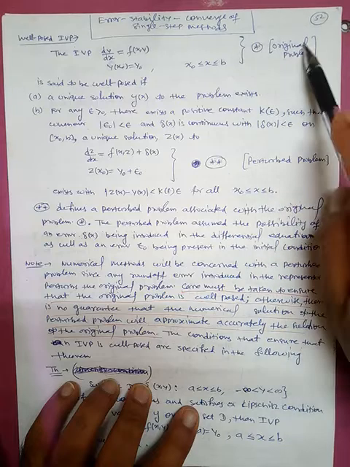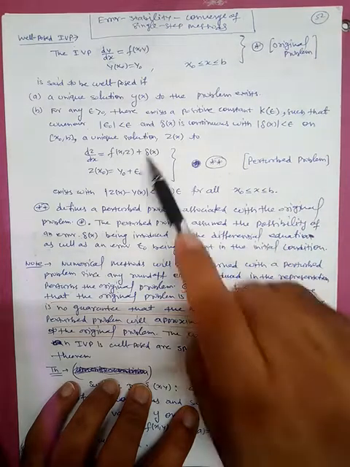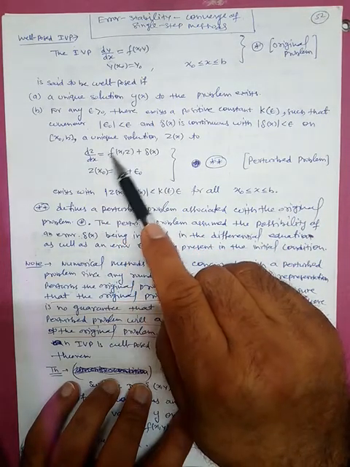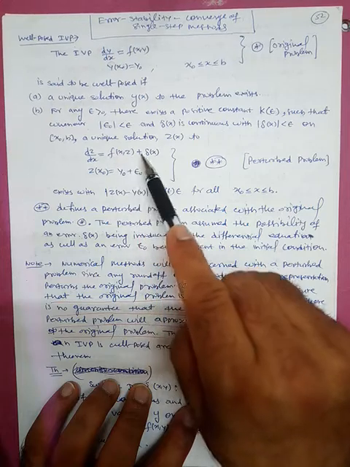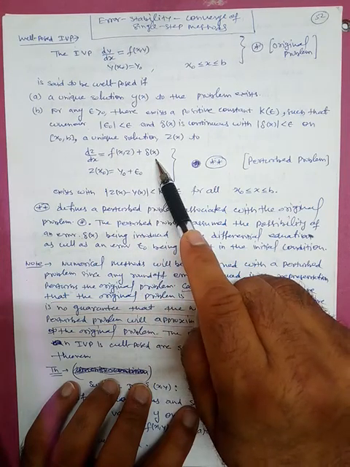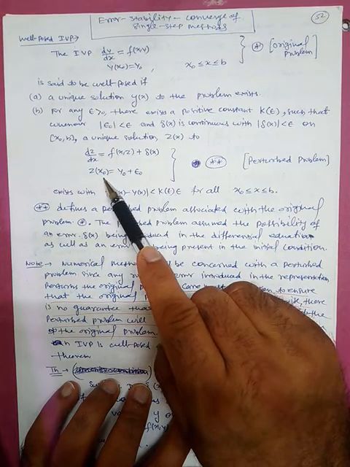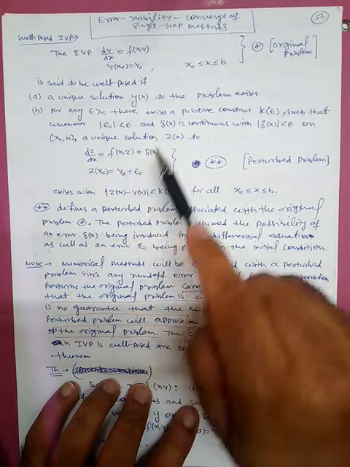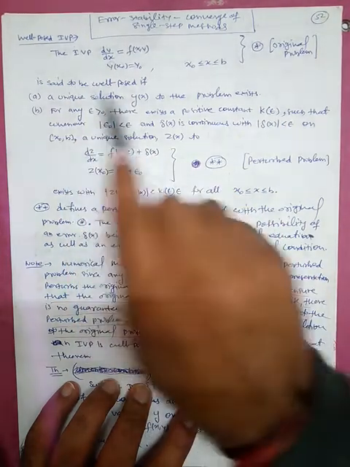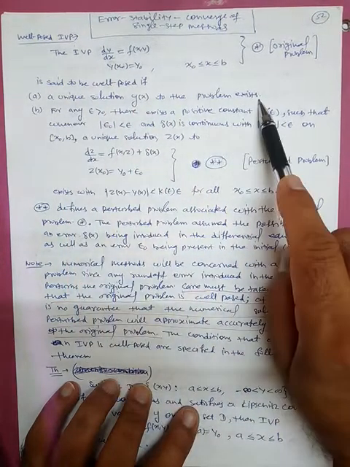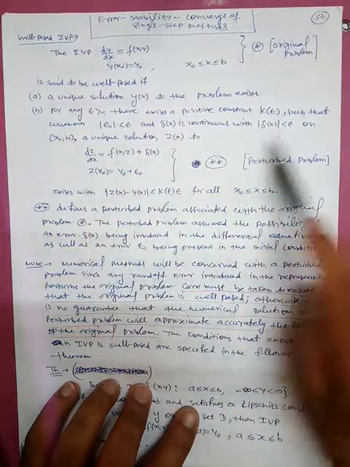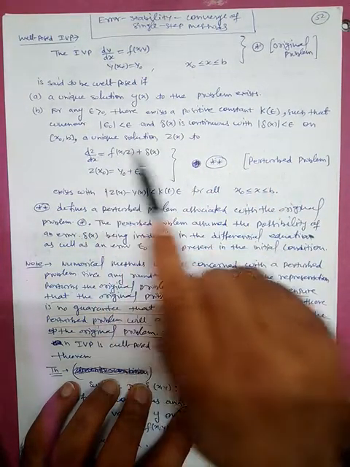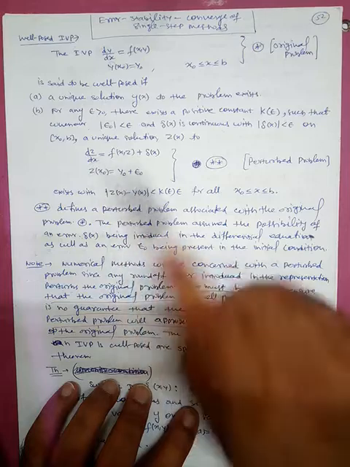This is the original problem, this is the perturbed problem: dz by dx is equal to f of x, z plus delta(x), with initial condition z at x naught is equal to y naught plus epsilon naught. That means this problem is well posed if we get this unique solution, and under these conditions this perturbed problem also has a unique solution.